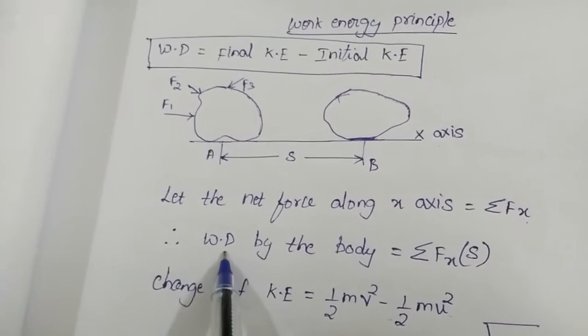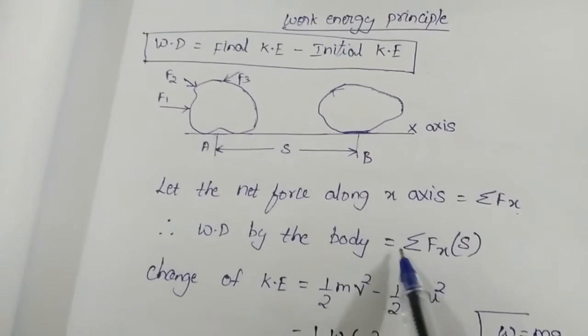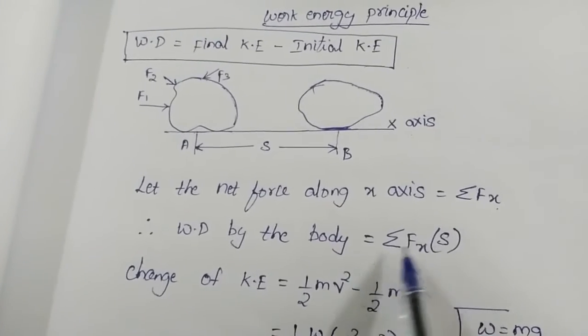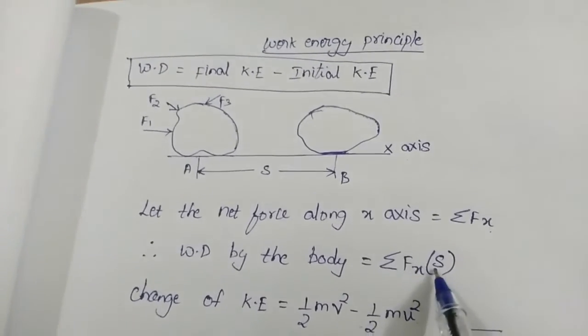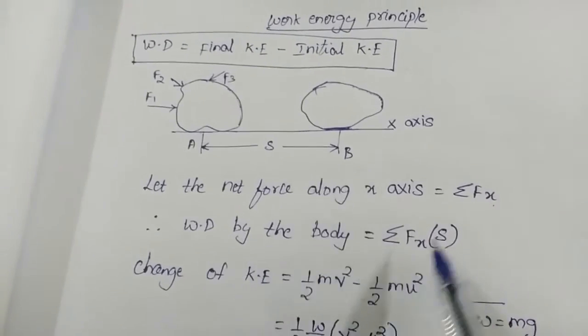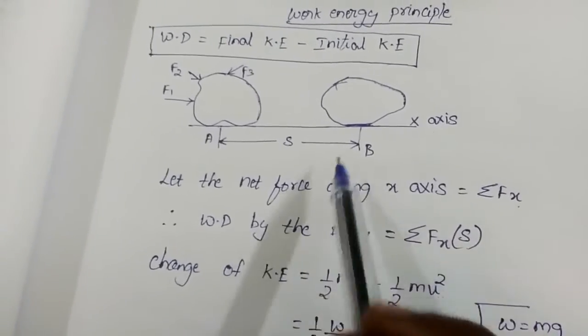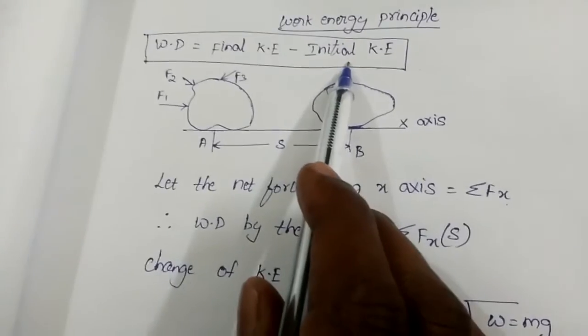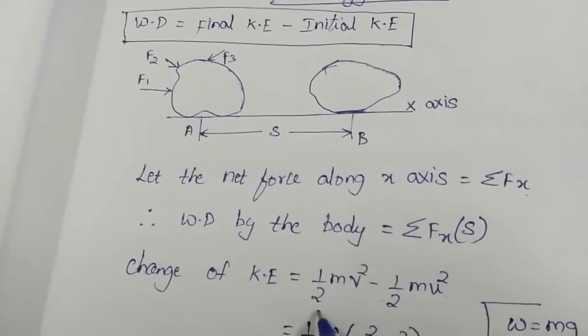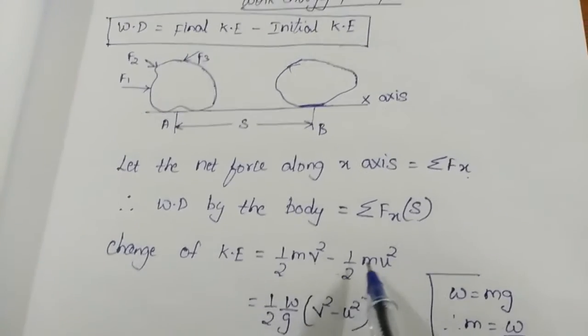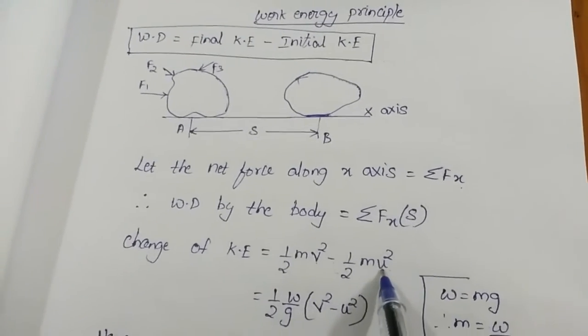Therefore, the work done on the body, we know the formula force into distance, that is force here is summation Fx into distance s. And on the right hand side, the change in kinetic energy is given by the formula half into m v square minus half into m u square.